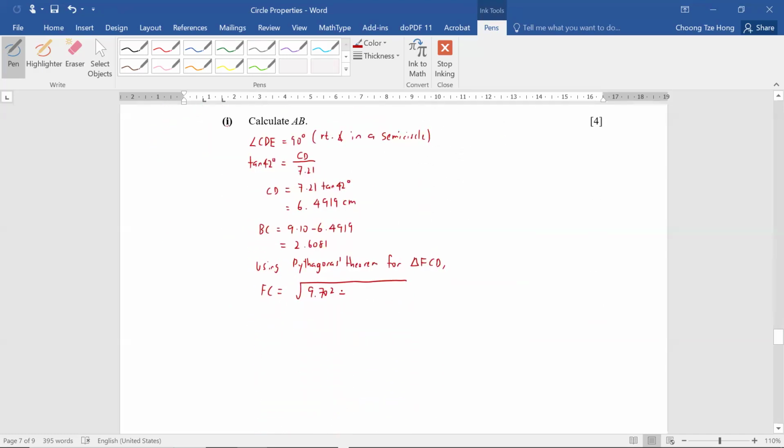All right, so CD we found earlier, 6.4919 squared. So this would give me the answer of FC to be 7.2073 cm. Okay, so I found all the lengths that I need already.